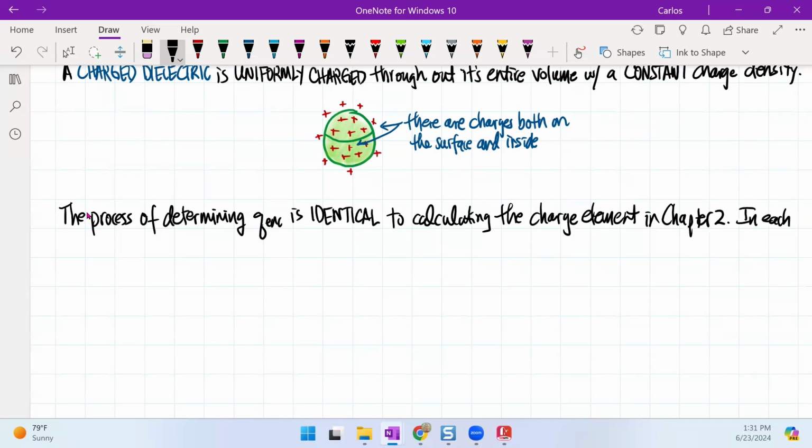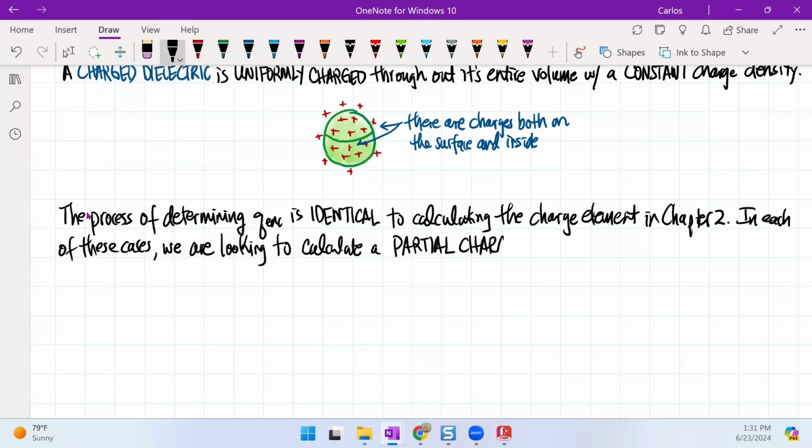In each of these cases, and we're really going to only pick two here, we are looking to calculate a partial charge within a volume.